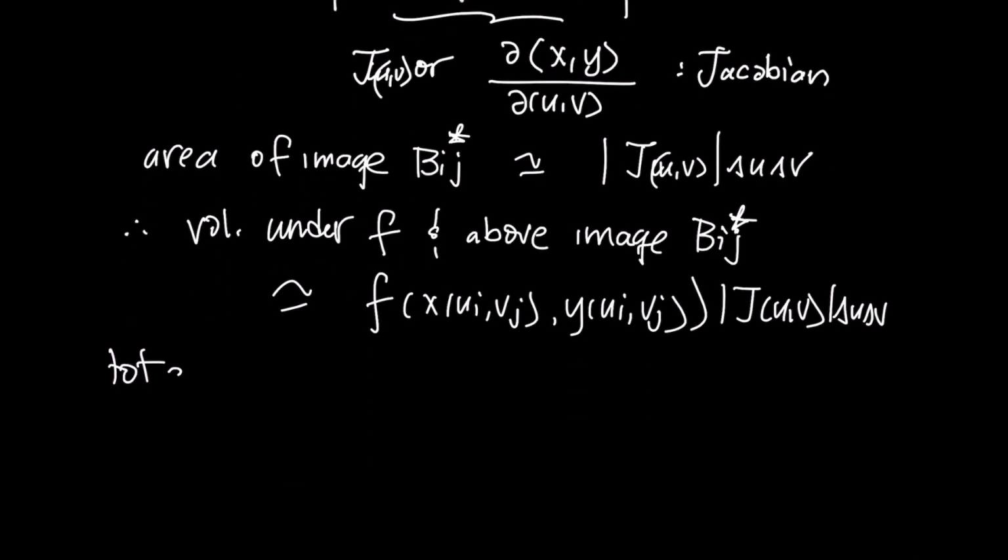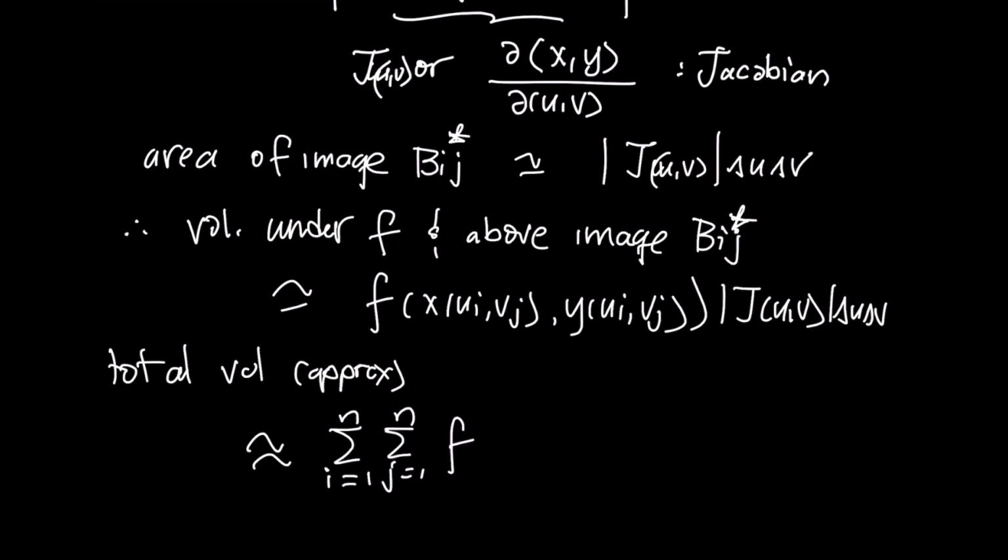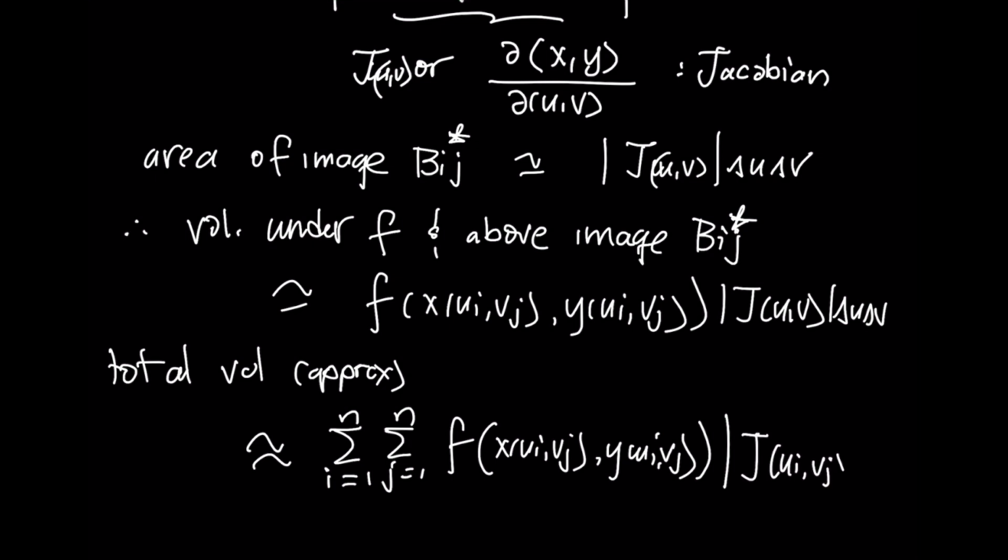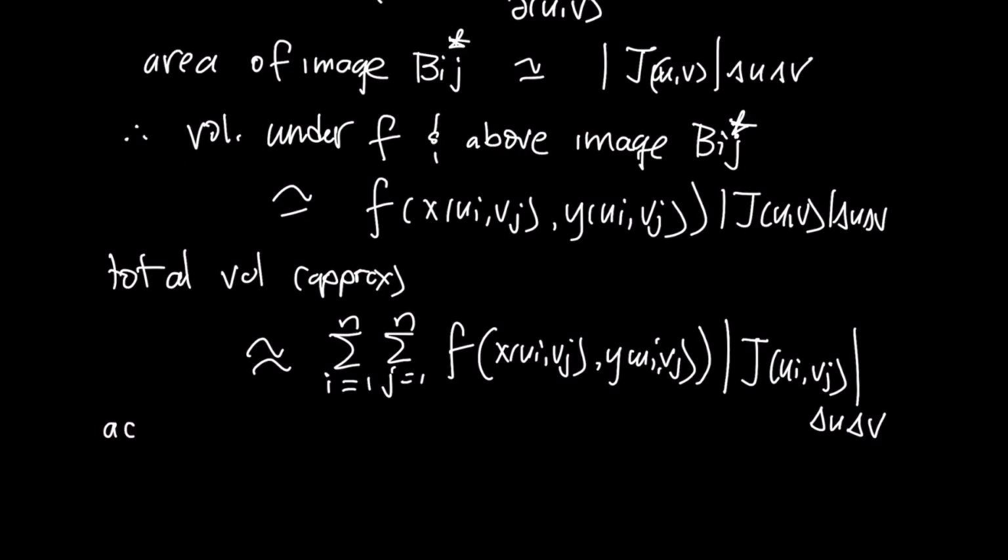The total volume is then approximated by a double sum, i equals 1 to n, j equals 1 to n, f evaluated at x of ui vj, y of ui vj. Each one of these Jacobian terms is evaluated at the ui vj, delta u, delta v.